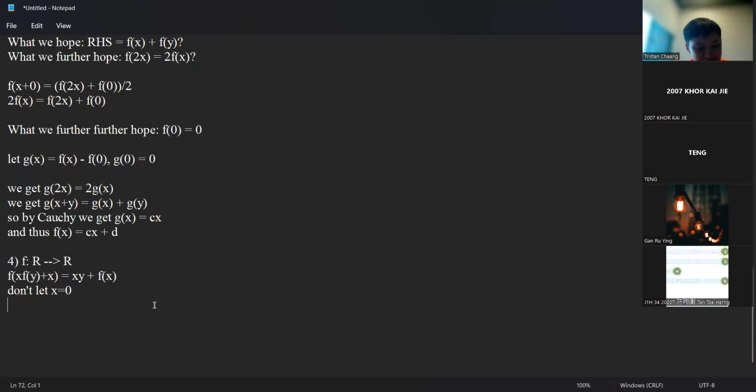Okay, how about y equals 0? Then we have f(x f(0) plus x) equals 0 plus f(x). Okay, interesting. So we have this equality.